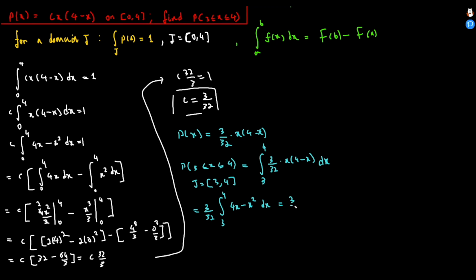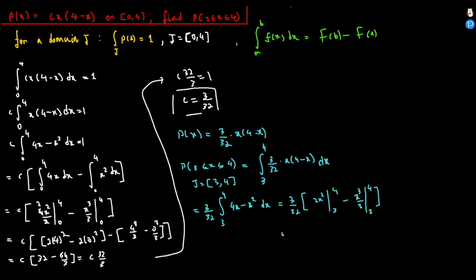So that's just going to be 3 over 32 times 2x squared evaluated now at these two boundaries, 3 and 4, minus x cubed over 3 evaluated between 3 and 4. Okay, so it's just this result, except now we have different boundaries, and instead of c we have the actual value of c.